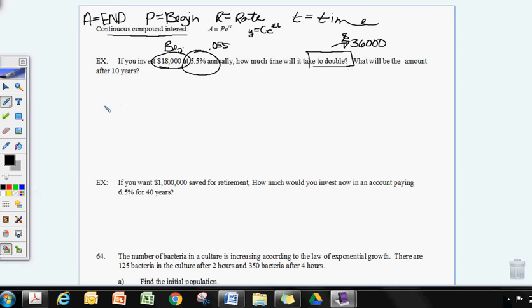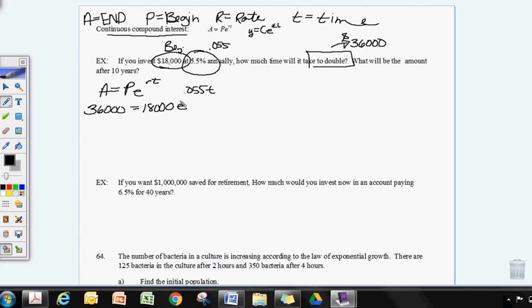So for this first one, I'm doing it in black. I have my equation, A equals Pe to the rt power. So I'm going to end with 36,000 because that's my doubling amount. I'm starting with 18,000. e is raised to the rate of 0.055, and I'm solving for t.